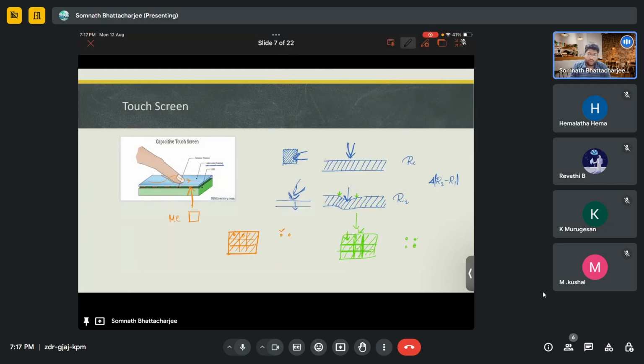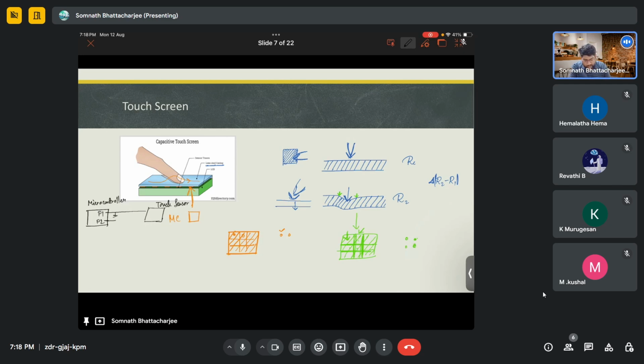Other than this, maybe here I can draw that. If we have a microcontroller like this, and it has two pins, maybe P1 and P2, we can connect a touch sensor here, and we can create a simple RC circuit.